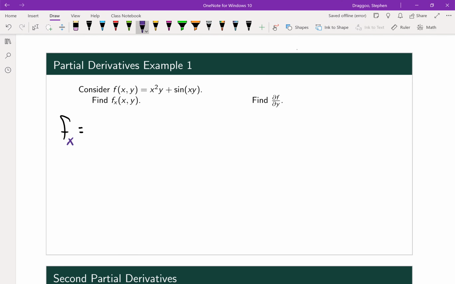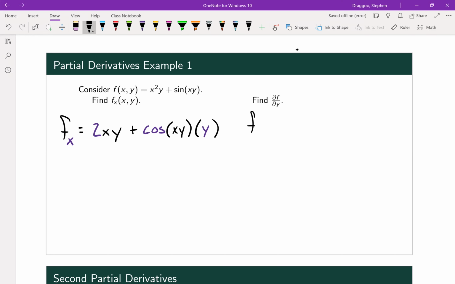Out of that first term, just pretend that y is a constant, so we only really need to take the derivative of x squared, which is 2xy, plus the derivative of sine xy, which would be cosine xy, times the chain rule, the derivative of xy with respect to x is going to be just y. And that's our partial derivative with respect to x. Again, we just pretended that y was a constant.